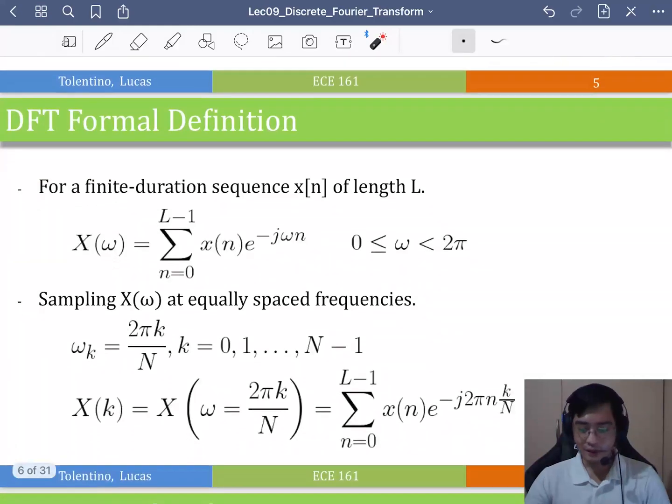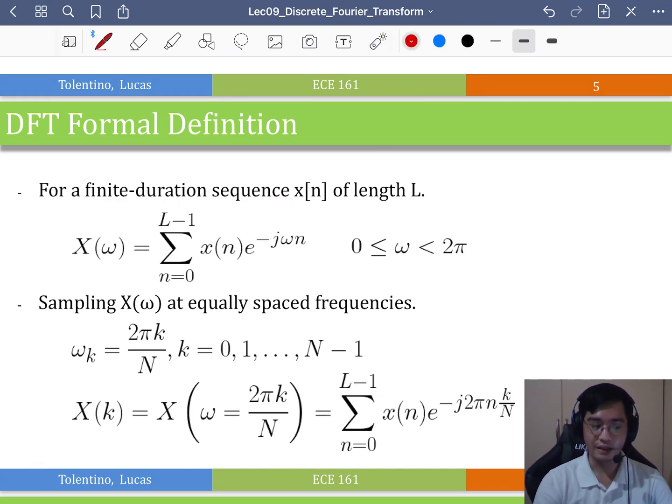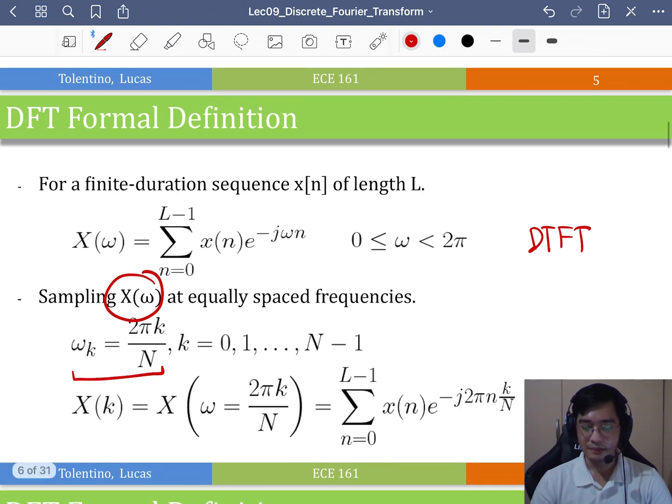Now we formally define the discrete Fourier transform. What we've done so far is the DTFT. From the DTFT equation, we sample x of omega at omega k equal to 2 pi k over capital N, because we are sampling N equally spaced frequency points.